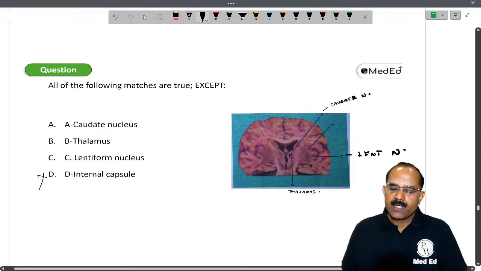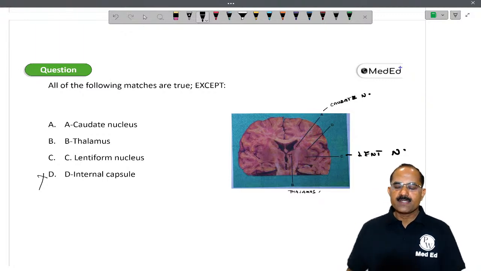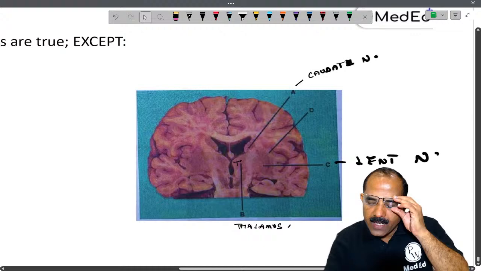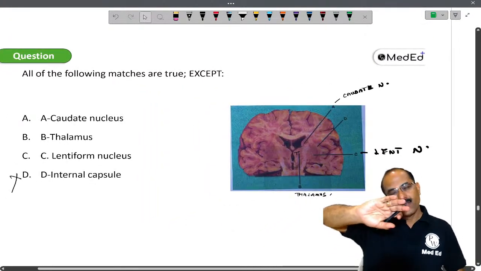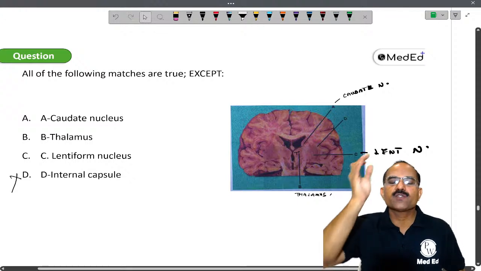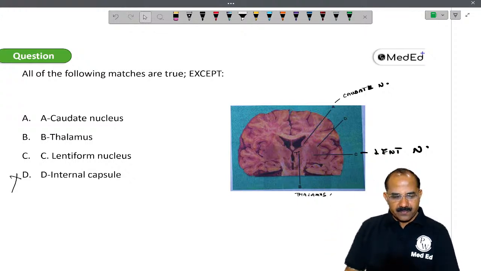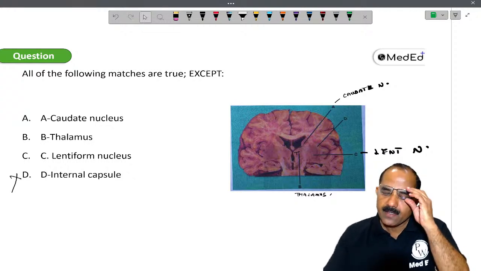So A is caudate nucleus, B is thalamus, C is lentiform nucleus. What is D? D is external capsule. That's not internal capsule बच्चा, वो lentiform nucleus के बाहर है. Internal capsule कहाँ होगा?